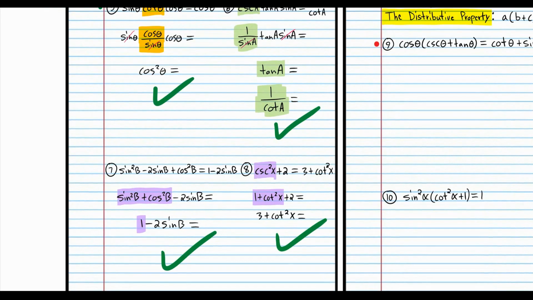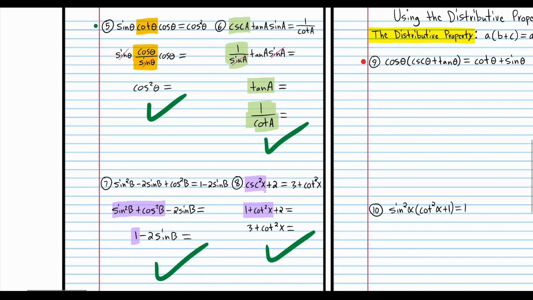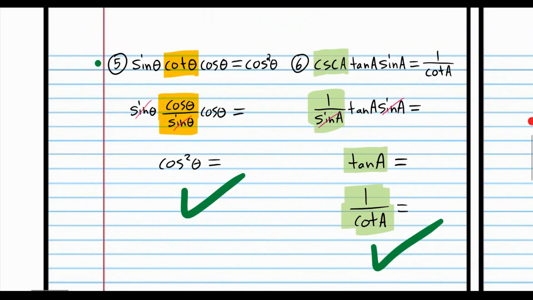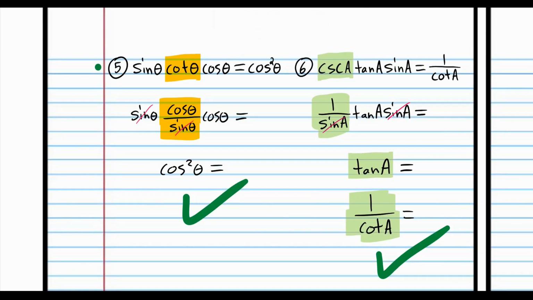Now, again, important things to note as you're doing this is we're only working on the left side of the equation. We're not touching the right side of the equation. We're also not assuming that the equation is true. A lot of students will try to do something to both sides of the equation. You can't do that. You cannot assume that the equation is true. You're only working on the left side of the equation.